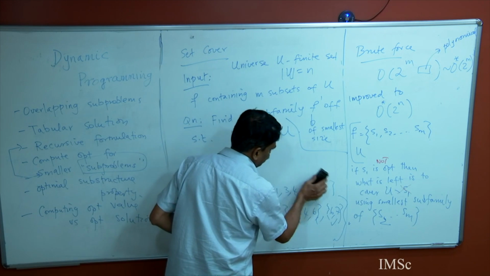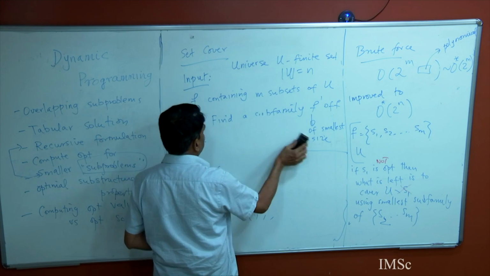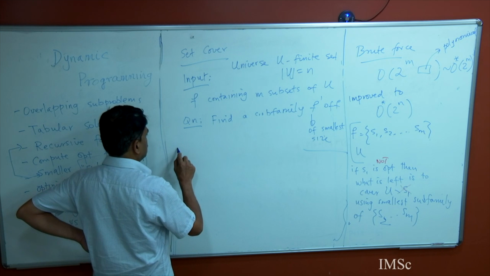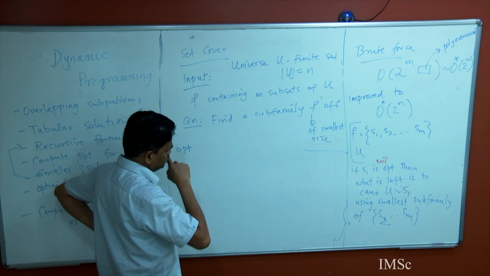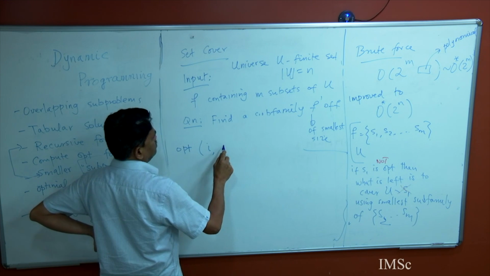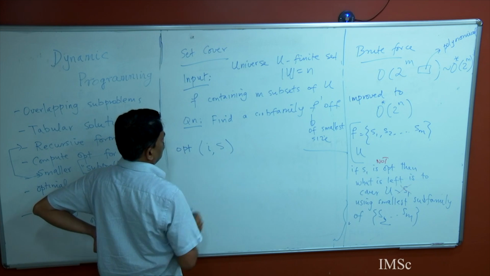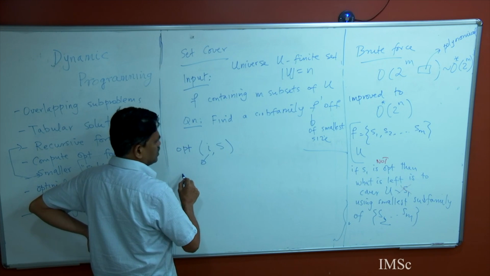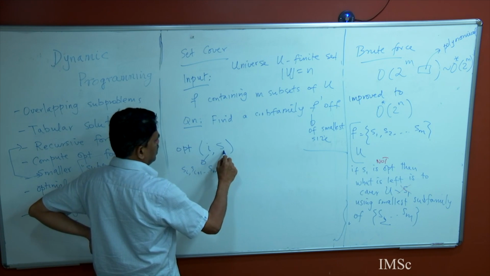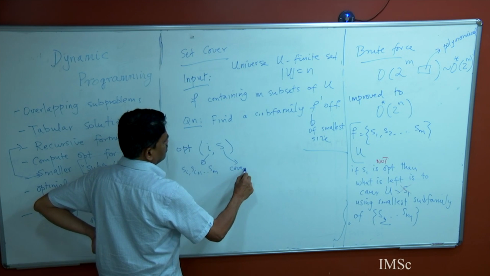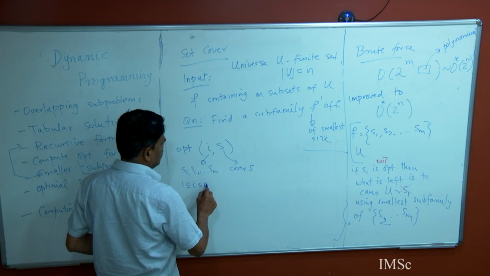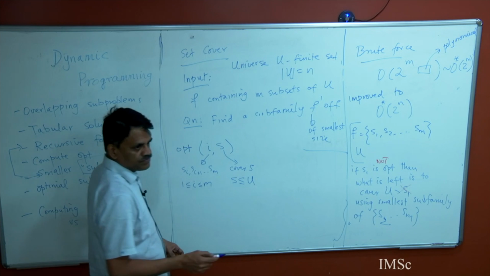So what would be your subproblems? Let us say we will say opt of i, S. This is simply saying I am going to use Si plus 1 to Sm, and cover this set S. So i is going to be this and S is a subset of my universe.